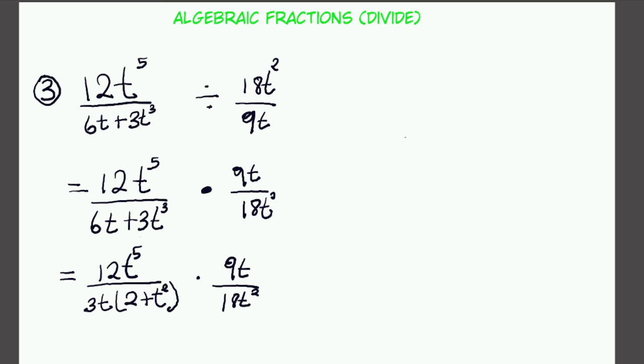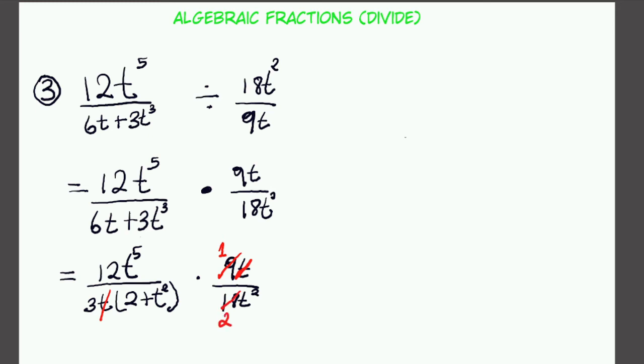What can be cancelled here? T here can cancel t here. And we know that 9 into 9 goes once, and 9 into 18 goes 2 times.